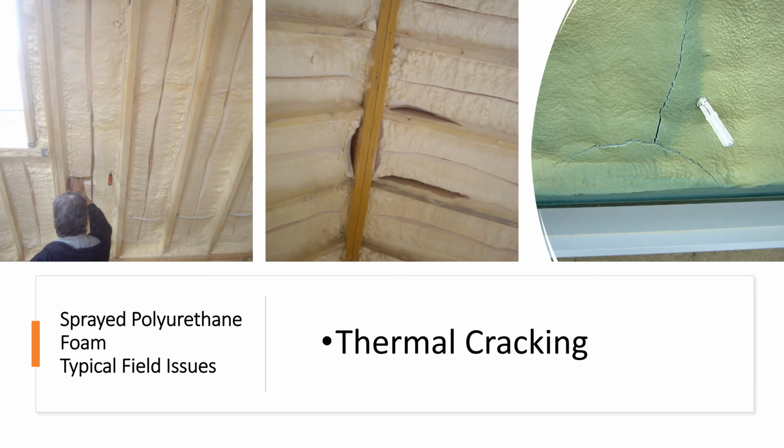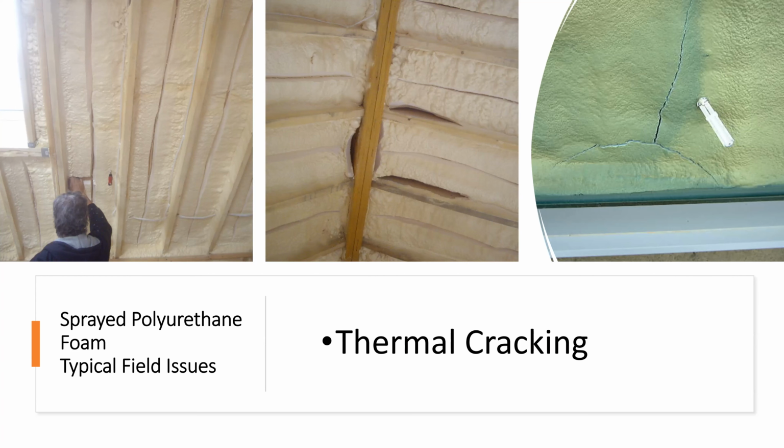I think some of the newer ones you can go a little bit more. But if you go too much and it gets too hot, you can actually start to crack it. It starts to shrink, it starts to pull. So if you see a big crack, that tends to mean it's been sprayed too thick or too quickly.